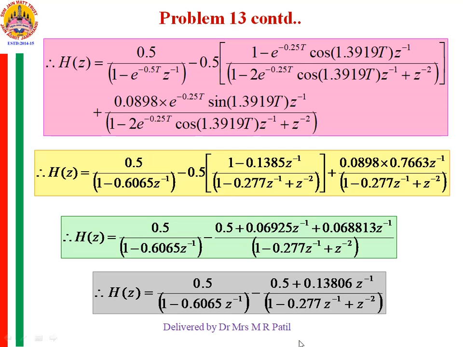So you should not leave in between. With patience you have to perform this computation. So analog filter design and transforming it to a digital filter by using the impulse invariant method, that we have seen in today's session.